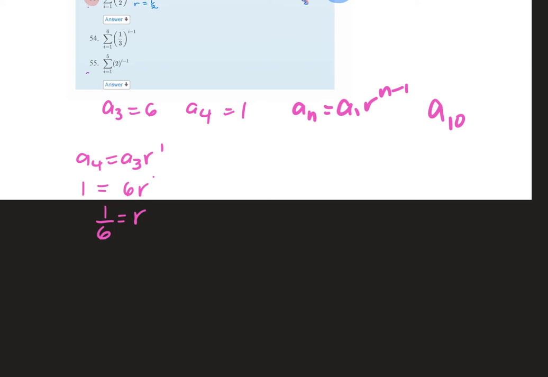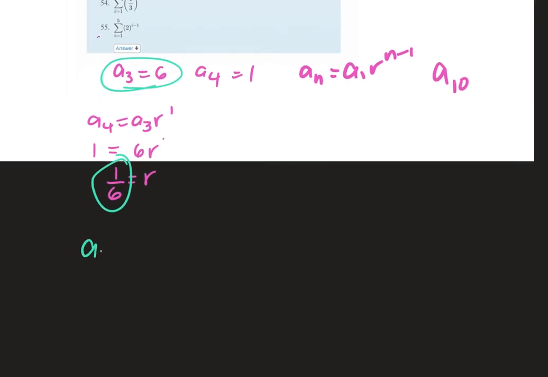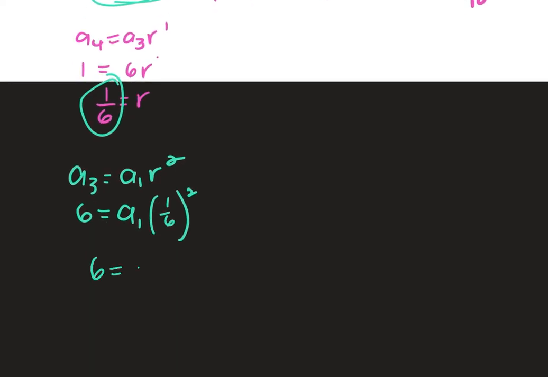That gives me R, so I know that part. What I still don't have is A1. So I can work backwards from either A3 or A4. I would pick the smaller one, like the closer one. So A3 would equal A1 times R to the second. A3 is 6. A1 is my unknown. 1/6 to the second. 6 equals A1 times 1 over 36.